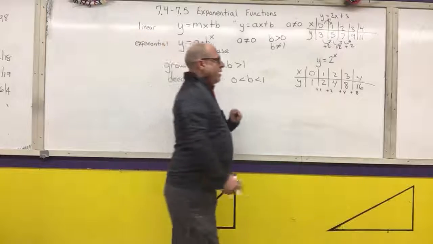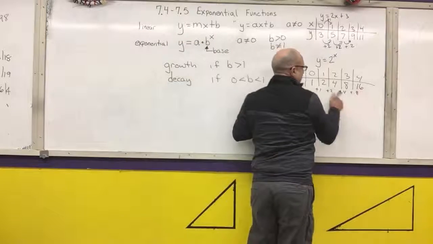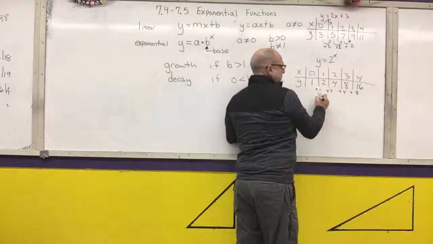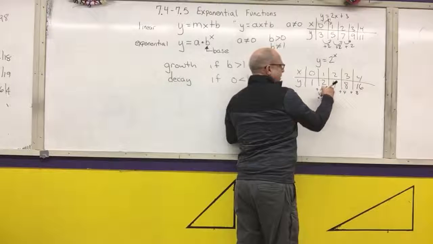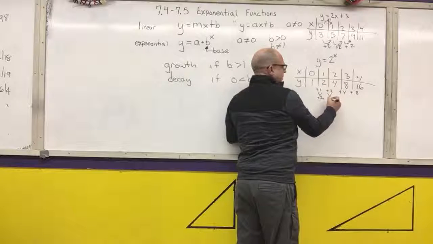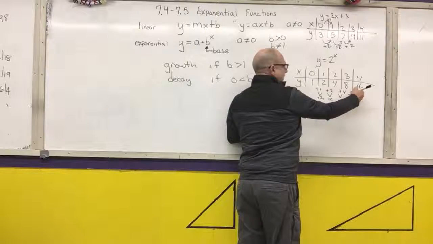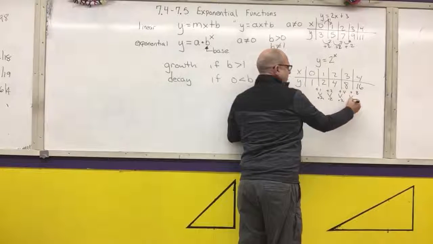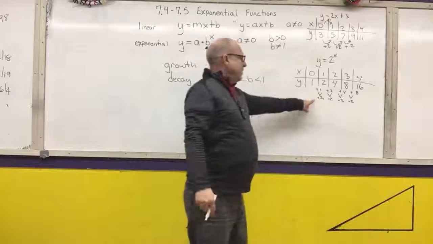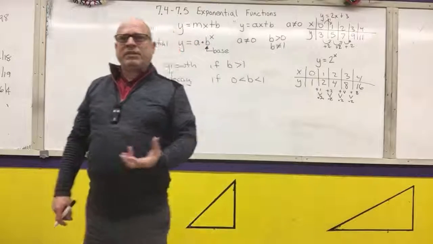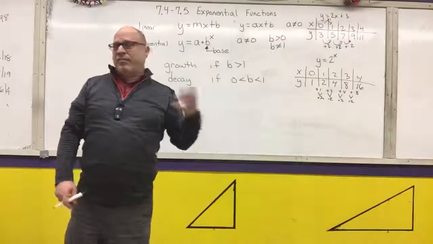And the way I find out what I'm multiplying by is I'm going to take the right-hand number divided by the left-hand number. 2 divided by 1 is 2. 4 divided by 2 is 2. 8 divided by 4 is 2. 16 divided by 8 is 2. So anytime you are multiplying by the same number, that's how you recognize something is an exponential function. And you can check that from a data table.